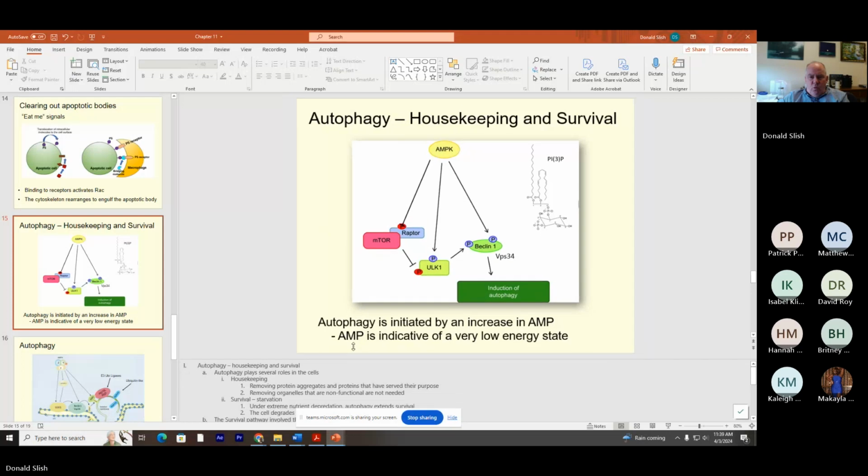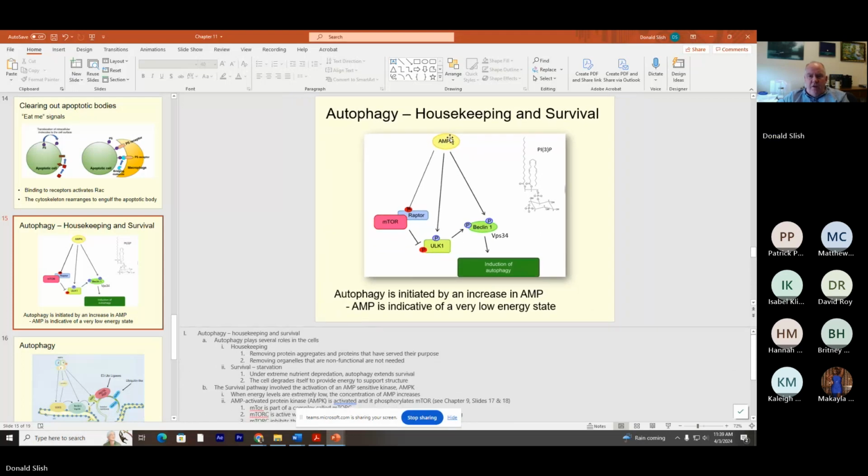When everything is good and we're in a pro-growth mindset, as we say in business, mTOR is inhibiting this autophagy pathway by phosphorylating ULK. Then when we go back into survival mode, AMPK is going to inhibit this and activate this.